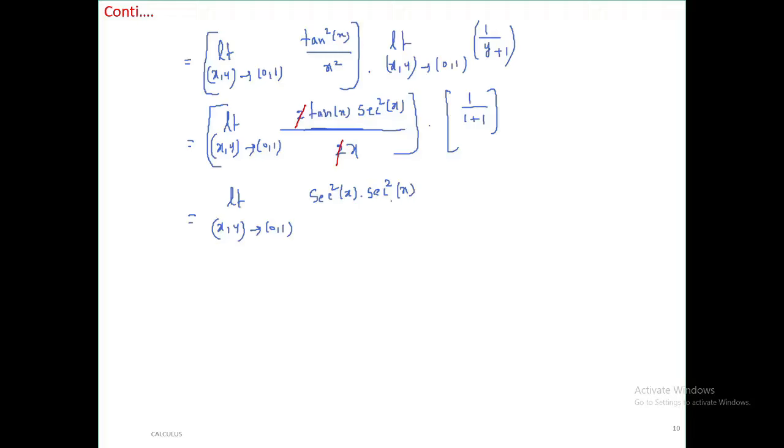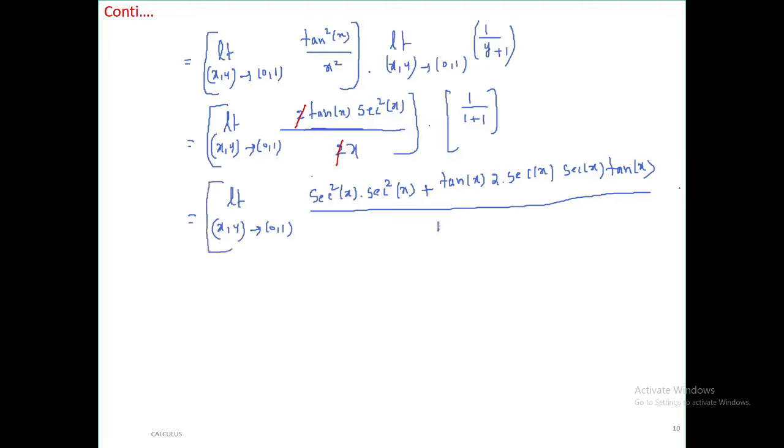Next plus tan x as it is, the derivative of secant square is 2 into secant x, and the derivative of secant x is secant x into tan x. Hope you are perfect about the derivatives. This is the UV method for the numerator, and the derivative of the denominator, x, is 1. Plus into 1 by 2. The second function limit value is 1 by 2, this one 1 by 1 plus 1.